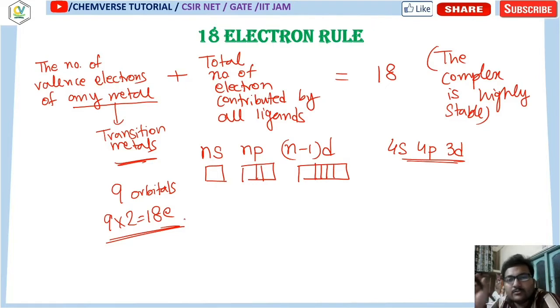Now it will try to fulfill its number 18, to get a fully filled configuration. Clear? That is why 18 electron complexes are more stable complexes. But not every compound will follow 18 electrons. There are some exceptions which I am going to discuss, but in most cases 18 electron complexes are stable. This is the message.